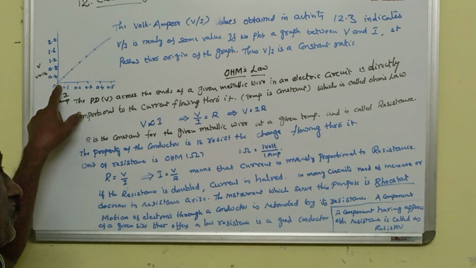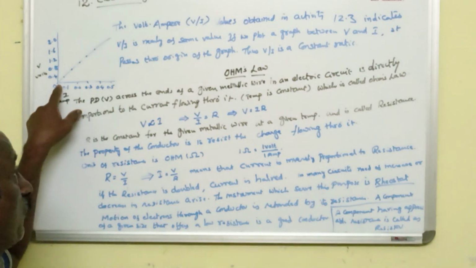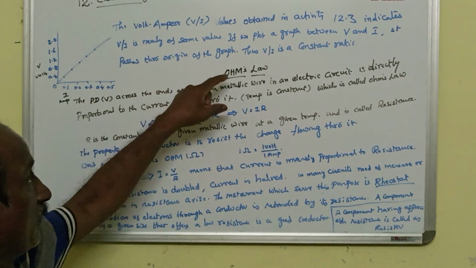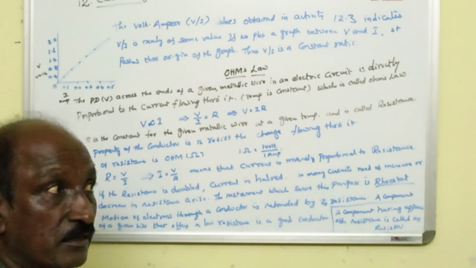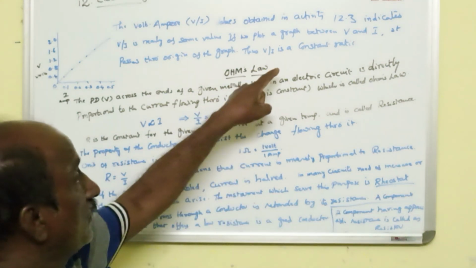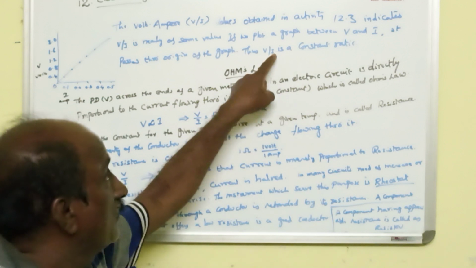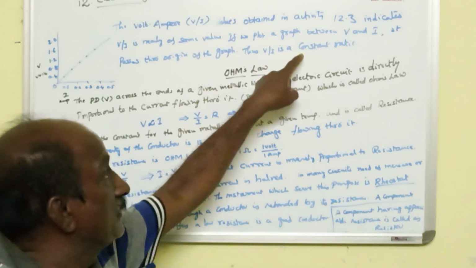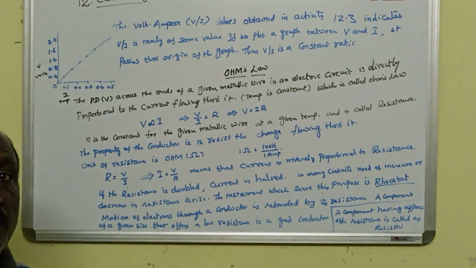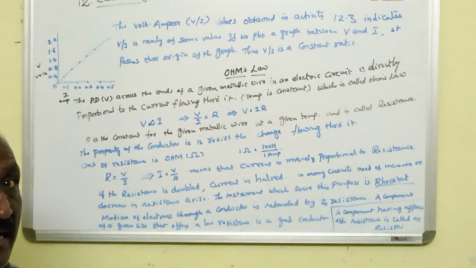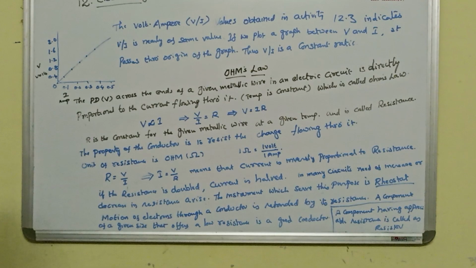Origin means 0, the point passes through the origin of the graph. It means that it is a constant value, hence V by I is a constant ratio. The voltage to current ratio V by I is a constant value.